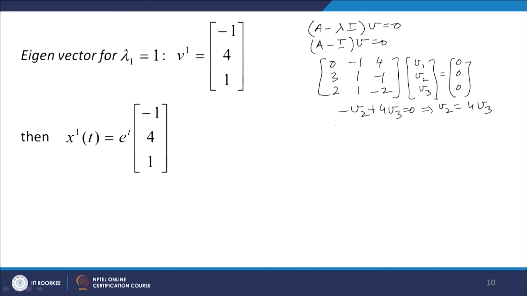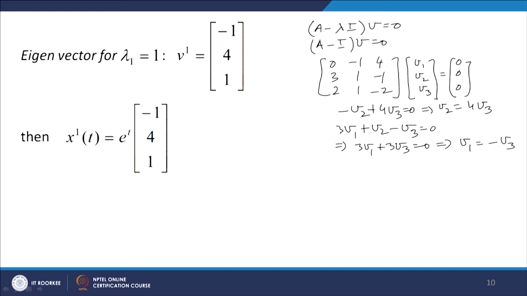The second equation is 3 b1 plus b2 minus b3 equal to 0, and so we can put the value of b2 here. So, this gives us 3 b1, b2 is 4 b3. So, 4 b3 minus b3 is 3 b3, 3 b1 plus 3 b3 equal to 0, which gives us b1 equal to minus b3.